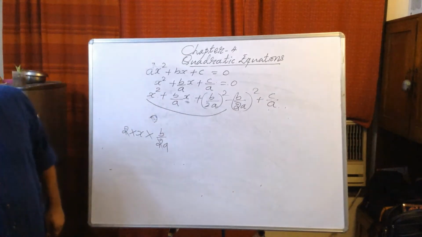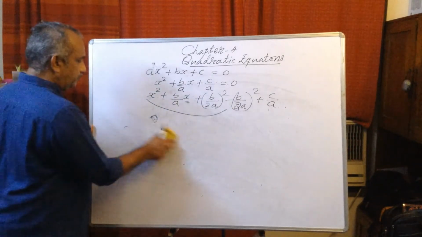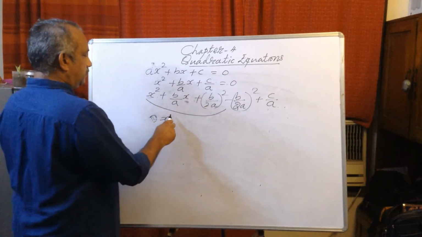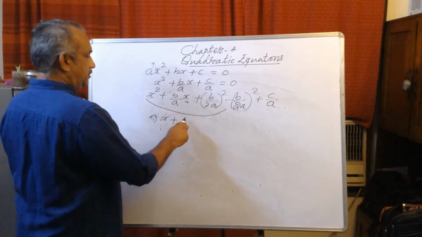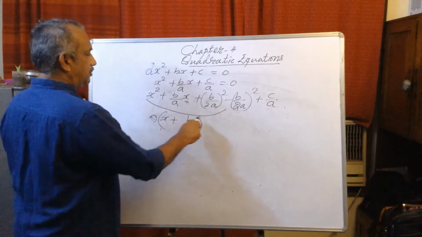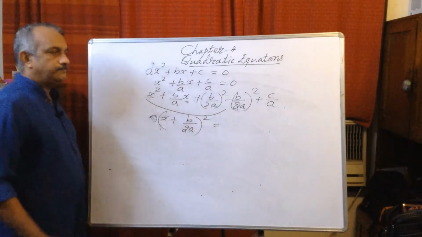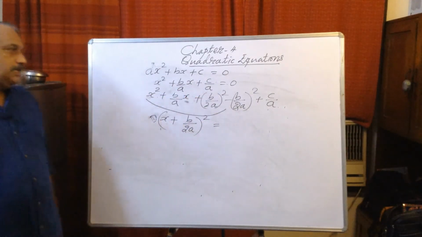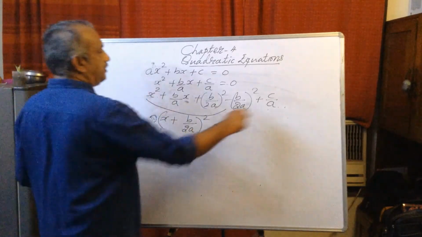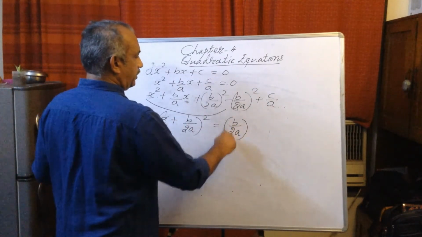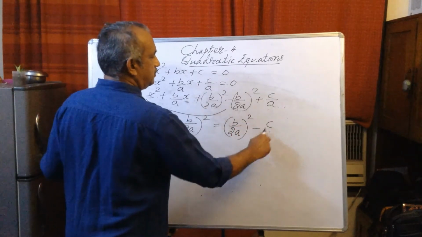So it is in the form a square plus 2ab plus b square. So x plus b upon 2a the whole square is equal to, because these first three terms are in the form a plus b the whole square, the rest I am taking to the other side, b upon 2a the whole square minus c upon a.